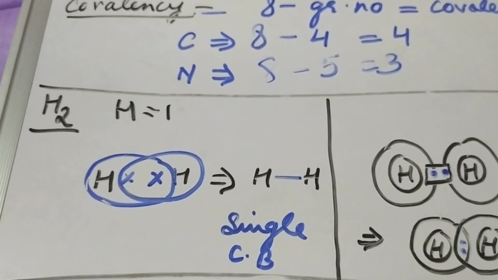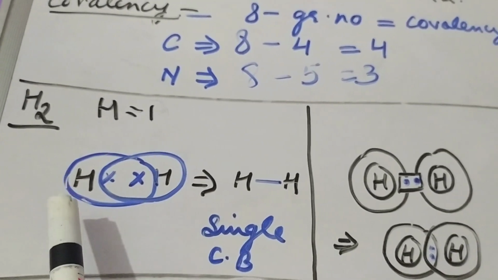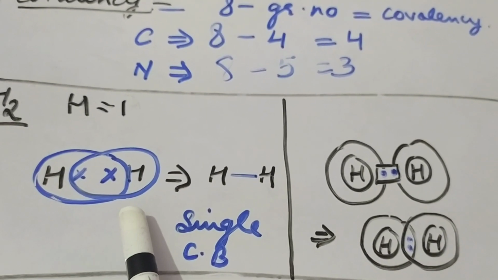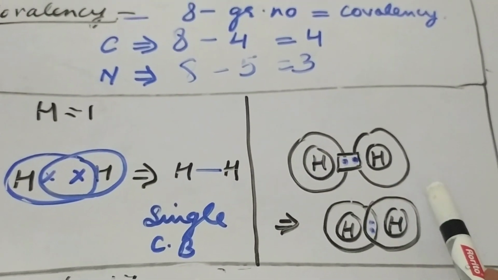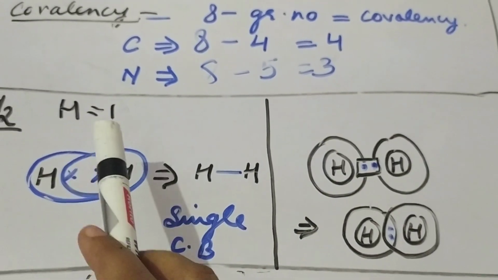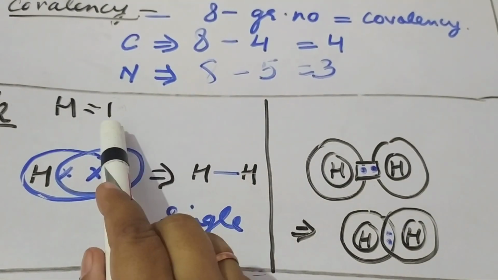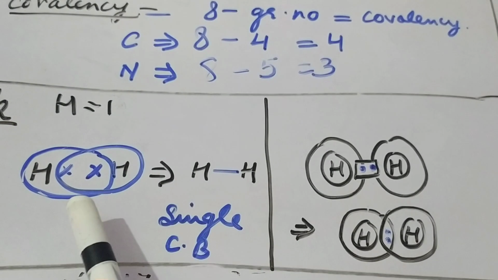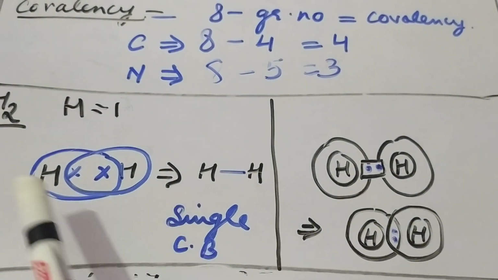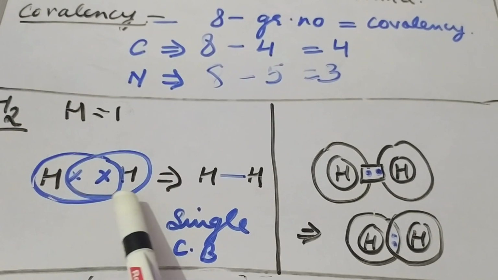Now for covalent bond formation, we have to draw two structures, that is the electron dot structure and the atomic orbital structure. The first one I have done here. In this we are concerned only with the valence electrons. Hydrogen has atomic number 1, so it will have 1 valence electron. Two hydrogen atoms I have drawn here because the molecule is H2, and both have one electron each.